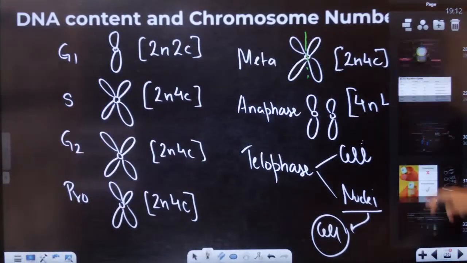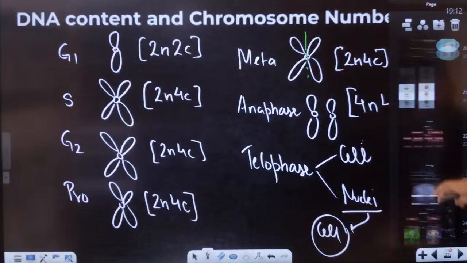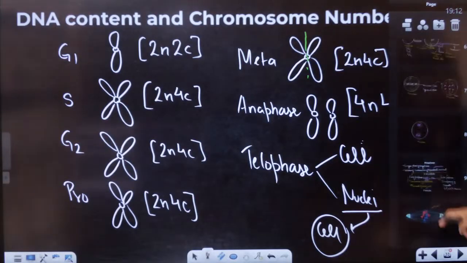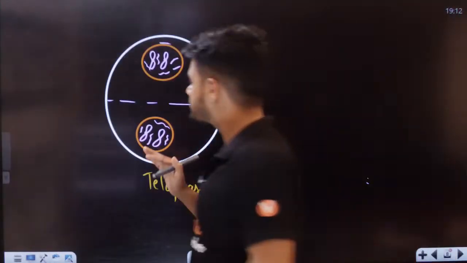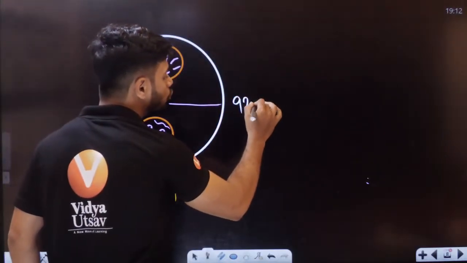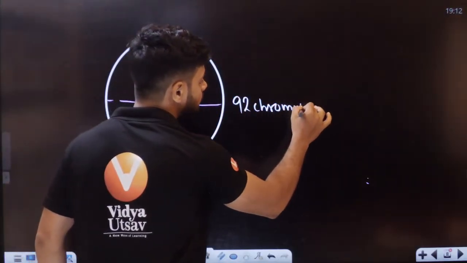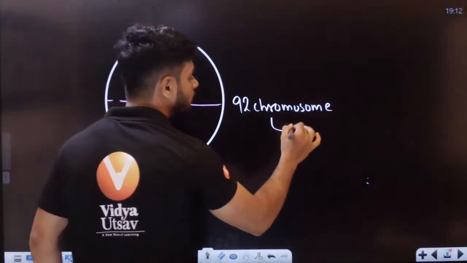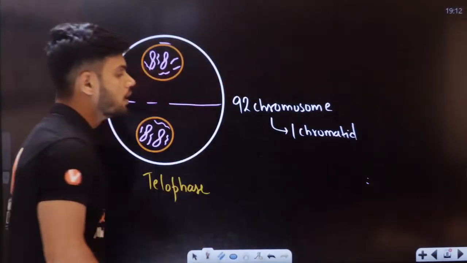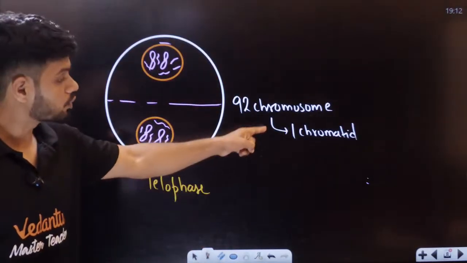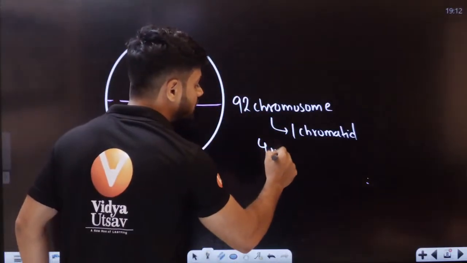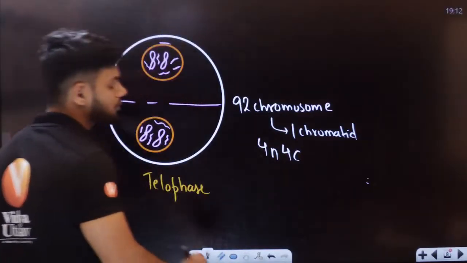In this telophase, we have 92 chromosomes. All these chromosomes have one chromatid. Temporarily, this entire cell is in tetraploid condition, 4N and 4C.